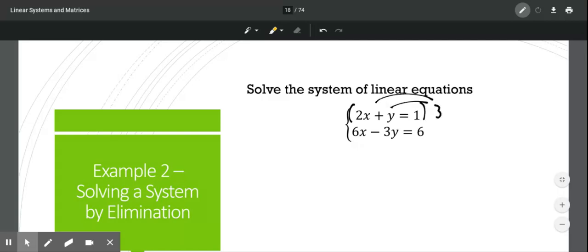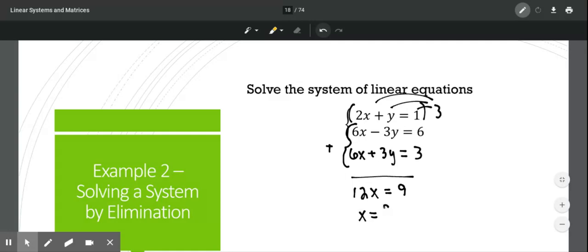If I distribute the 3 to everything, I have 6x plus 3y equals 3. Now it's like I'm combining these two equations. If I add those two equations together, I get 12x equals 9, or x equals 9/12, which is 3/4.